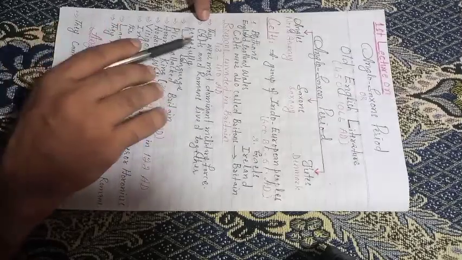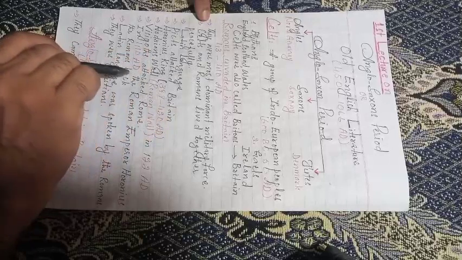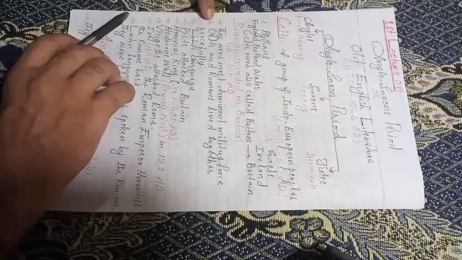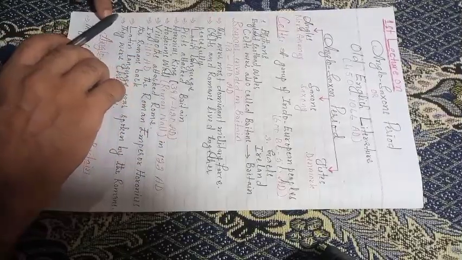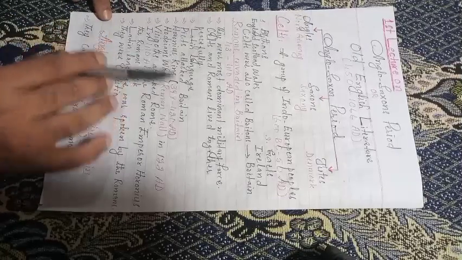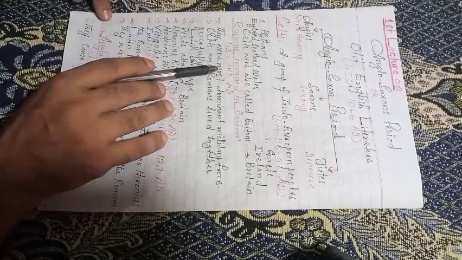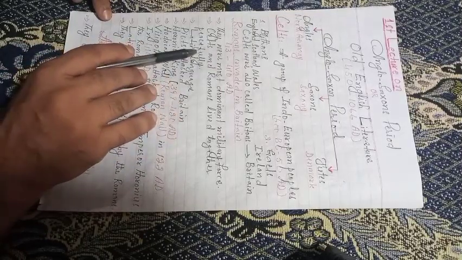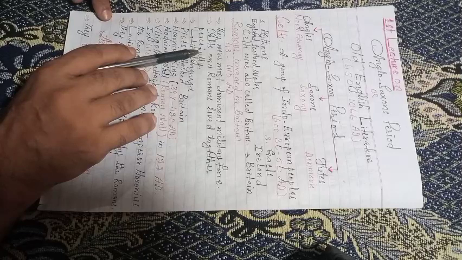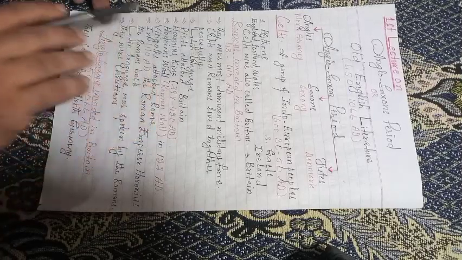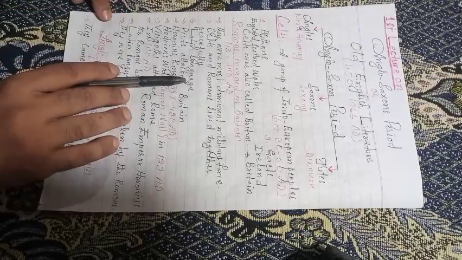Actually, these Romans were the most dominant military force. Celts and Romans lived together peacefully, and they used the Latin language, because when the Romans came there they used Latin, and they also preached Christianity. So Latin was the main language of Britain at that time.